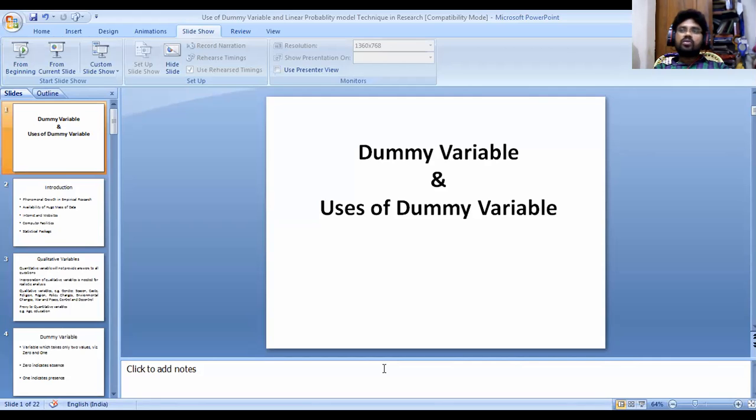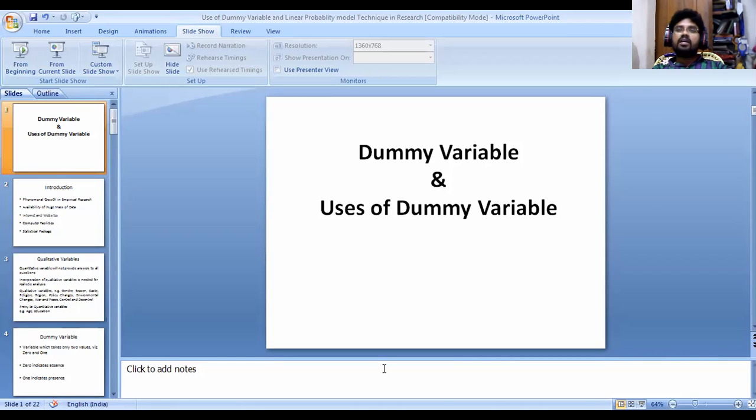So for example, do you think that male is greater than female, or female is greater than male? It is nothing but gender; male has its own characteristics and female has its own characteristics. But we cannot say that man is greater than woman, or woman is greater than man. Or, for another example, colors, black and white.